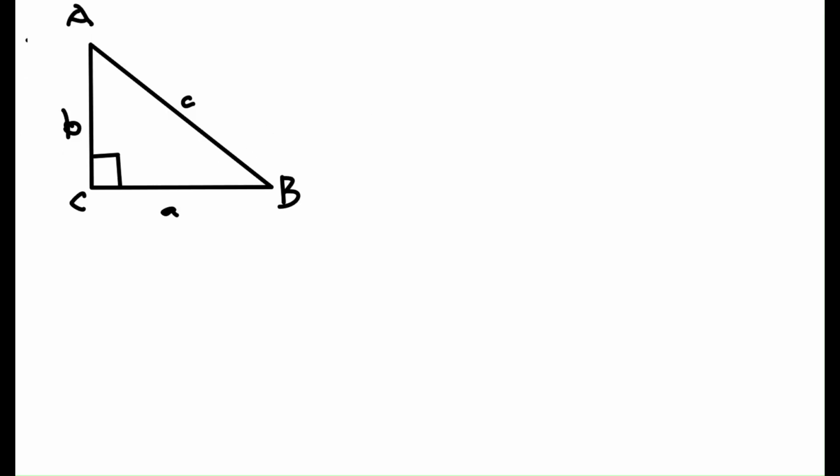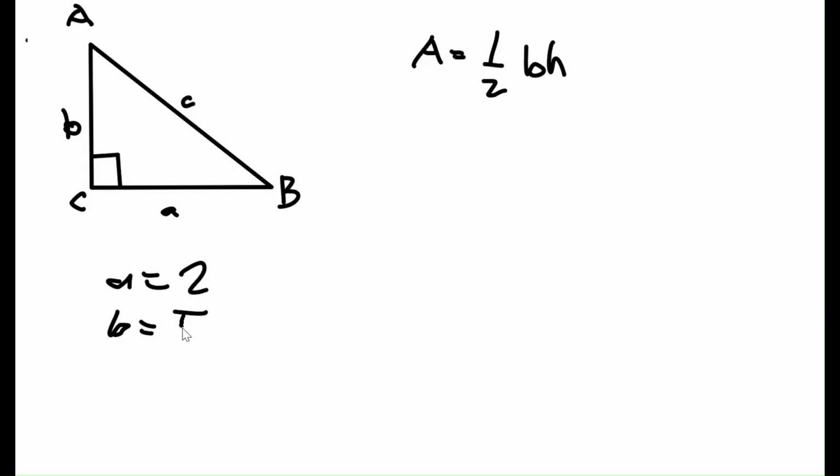So here, in looking for the area of this right triangle, we just simply have to multiply 1/2 times the base and the height. We all know that A is the base and B is our height. So let's say A is equal to 2 and B is equal to 5. Then we put it here.